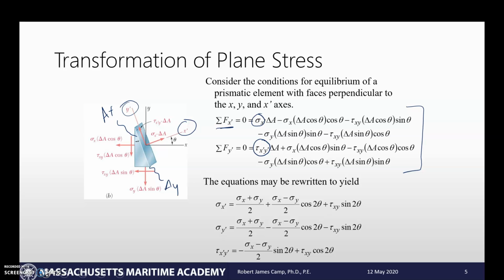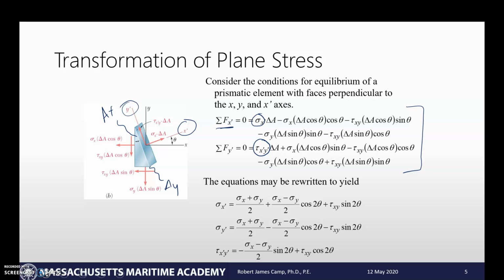And so this is the set of equations that's going to allow us to transform the initial stresses that we have to the new transformed stresses. So if I know what my x, y, and shear stresses are, and I'm going to rotate this 45 degrees, I can plug all those numbers in, and it's going to spit things out. It's a very quick, easy thing.